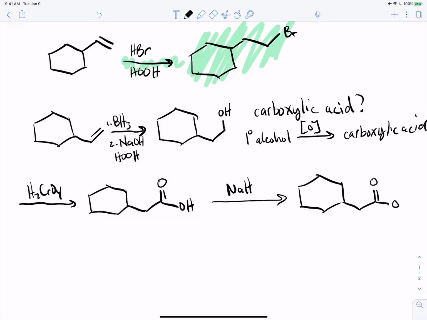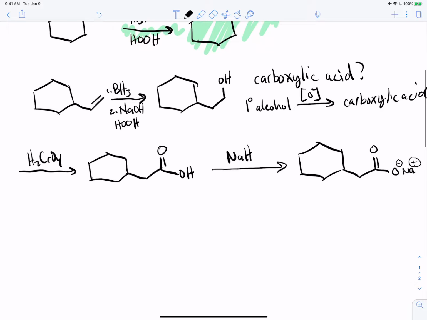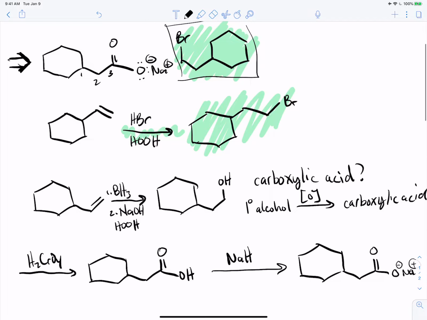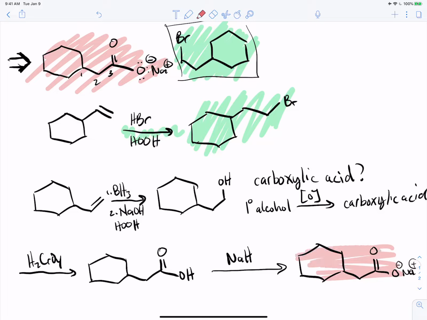You could use sodium hydroxide too on an exam. Again, not that I'm giving you written exams, but if you were to use sodium hydroxide, I'm sure we'd give you credit for that. But this will give you the carboxylate out. Now we've successfully made that in a bunch of steps.